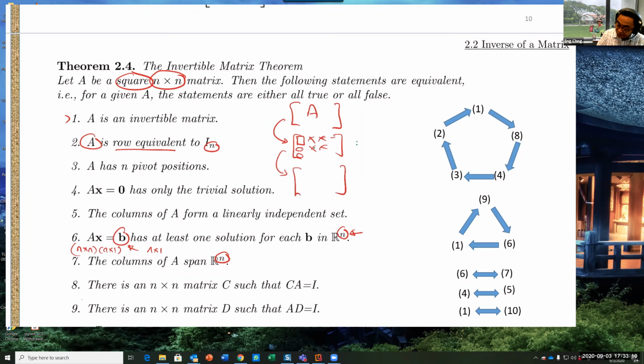When you finish, using not the Gaussian elimination but the Gauss-Jordan elimination, it will reduce not only to an upper triangle of pivots, but to the identity. So if you play with the Gauss-Jordan, you will realize that it will reduce to the identity.